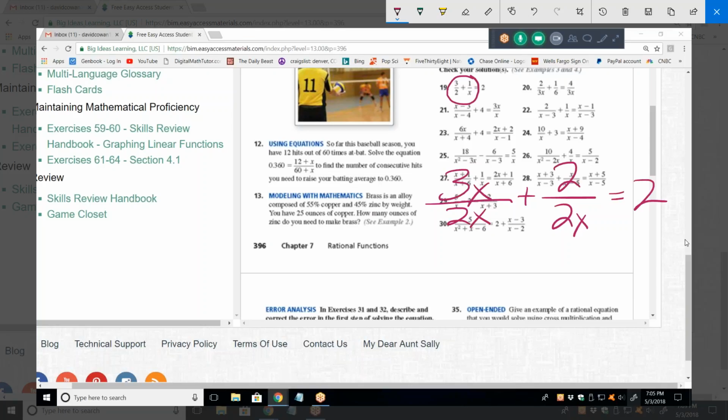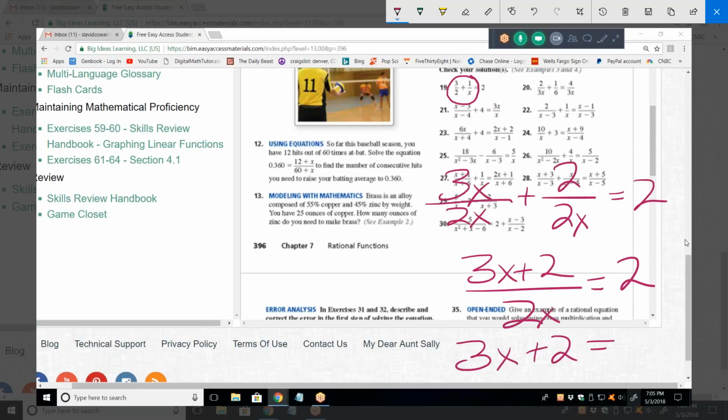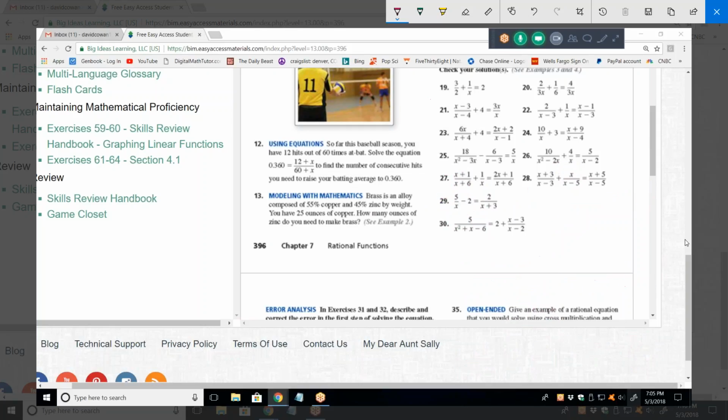So if I do it this way, now I've got 3x plus 2 over 2x equals 2. Now I multiply both sides and I end up with this, but look at how many steps it took me to get to that. Much faster to do it the way I first suggested, which is to multiply both sides of the equation by your least common denominator. And it's going to be more valuable in number 20. You'll see why here in a second.